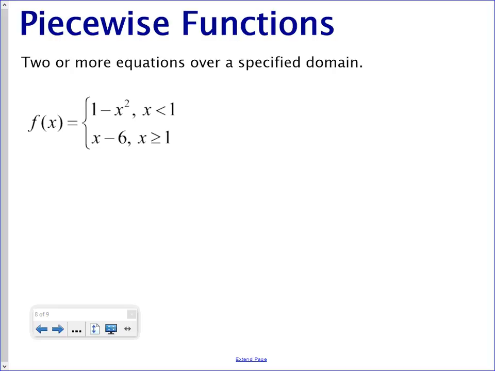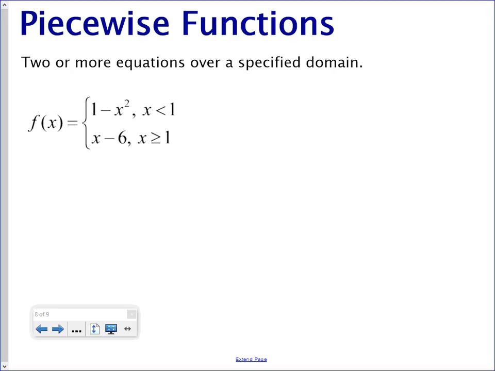Okay. A piecewise function is going to look something like this, f of x equals, and then usually it has a bracket connecting. You can have more than two equations. You can have upwards of 5 or 6, depending on what you're looking at there. And it's going to give you different functions.